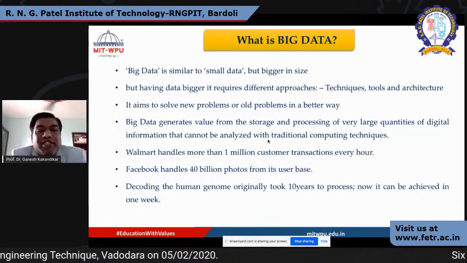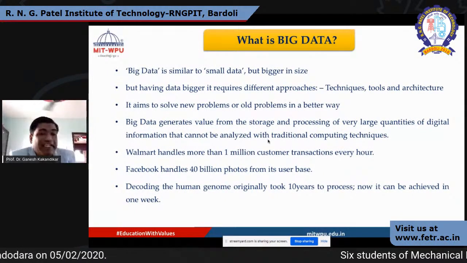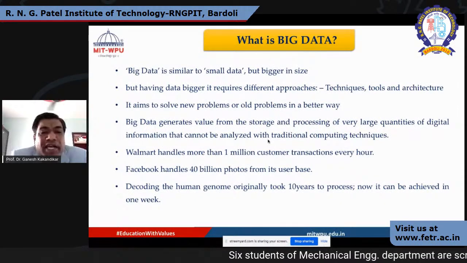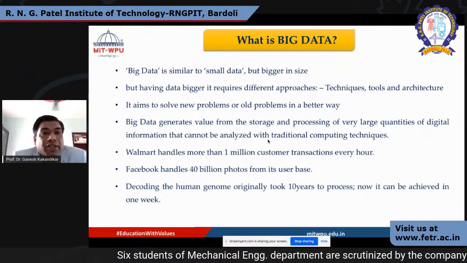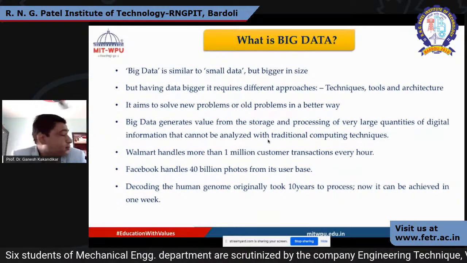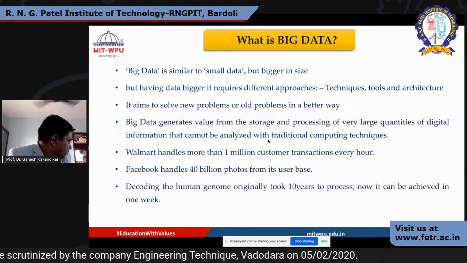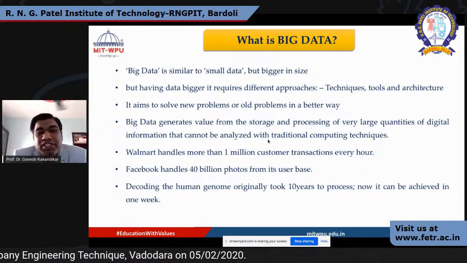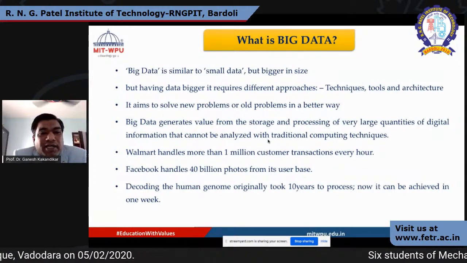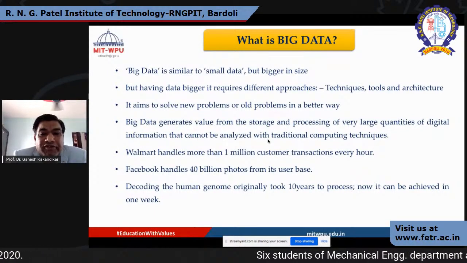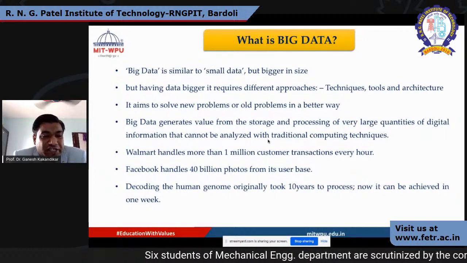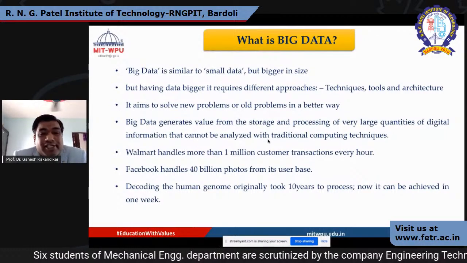And then we need to understand how we are going to achieve the data, how we are going to arrive at the data. Now we also want to see that companies like Walmart handle a lot of data, they might have billions of customers. Facebook handles a lot of data.